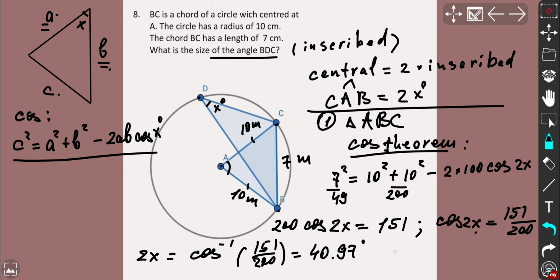And if we divide that by 2, we'll get the answer for x. Because right now we've got 2x, and x as the final answer is going to be 20.49 degrees. Okay, so that's the final answer, but you see the complexity.